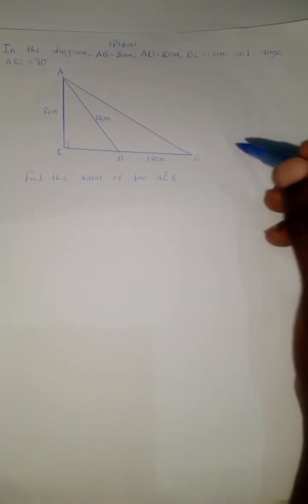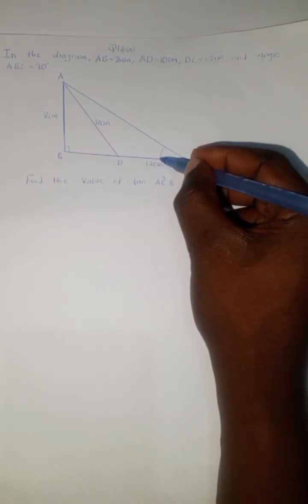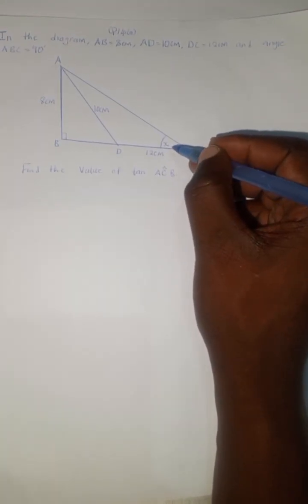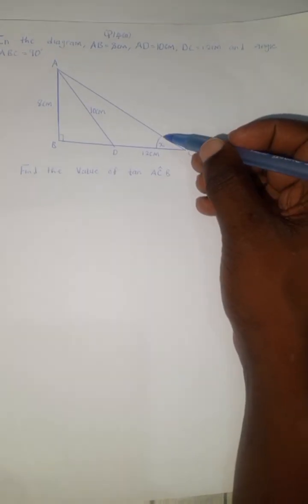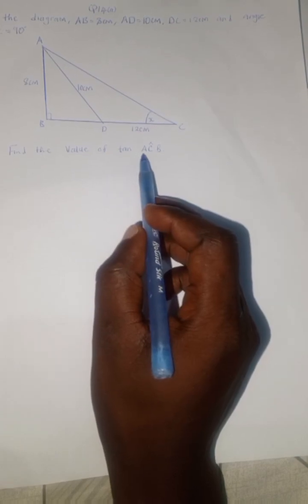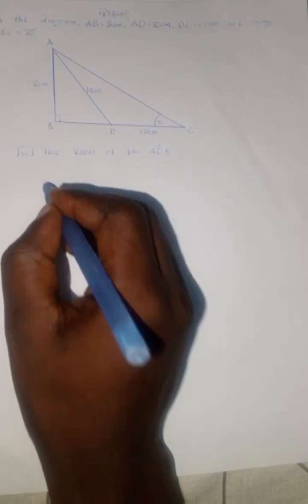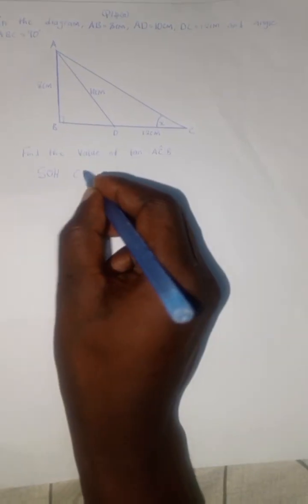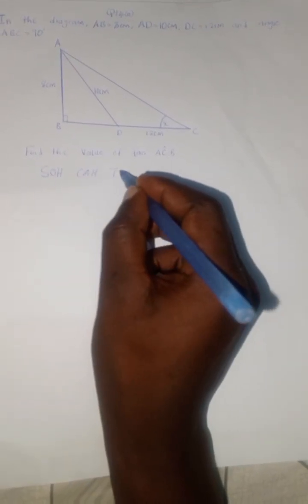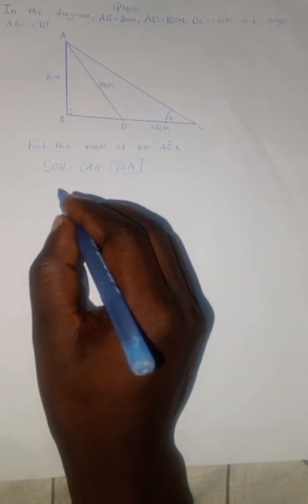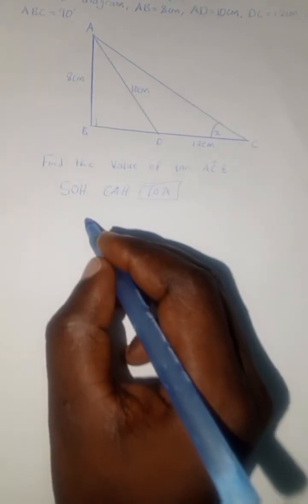So first of all, where is ACD? The angle that we are looking for is this one. Allow me to call this angle X. Now, the first thing is to understand that if I am to find tan ACD according to the SOHCAHTOA principle, we are dealing with the tan, in which we use the opposite and the adjacent.